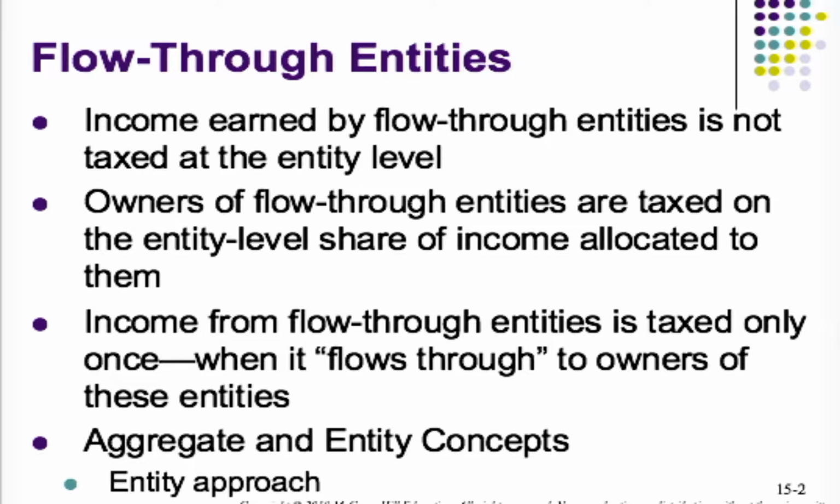eyes of the IRS, simply that when the entity files a tax return with the IRS, it is an informational return where the entity, the partnership, or the LLC will tell the IRS this is the taxable income we had, all of this good stuff. And it will let the IRS know then who that income is allocated to from the owners. So there'll be a form that says, hey, this is our taxable income for the partnership, and it's allocated in this way to these owners.